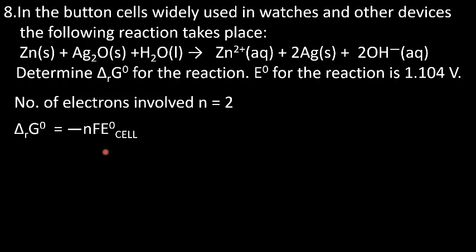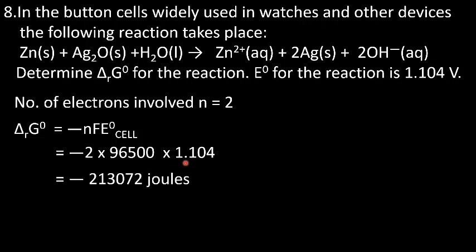N is 2. Now we know that delta G naught is equal to minus n F E naught cell, where n is number of electrons, F is Faraday constant, that is 96,500 coulombs, and E naught is voltage for the reaction, that is 1.104. Therefore, substituting all these values here, minus 2 into 96,500 into 1.104.